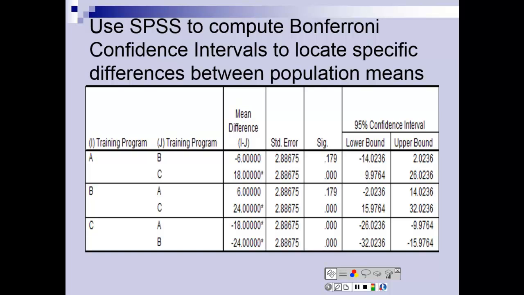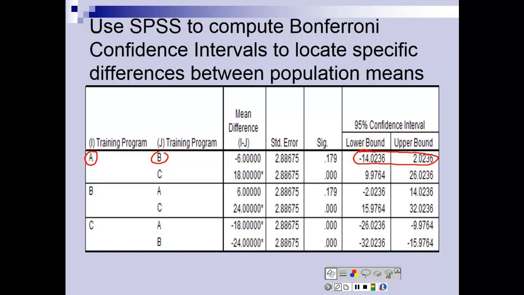If we were looking at a confidence interval between just two means, what do we look for? On the test we just took, we look to see if the interval includes 0. If there's 0 in there, there might not be a difference between means. So I'm going to look at A and B. The confidence interval is over here.